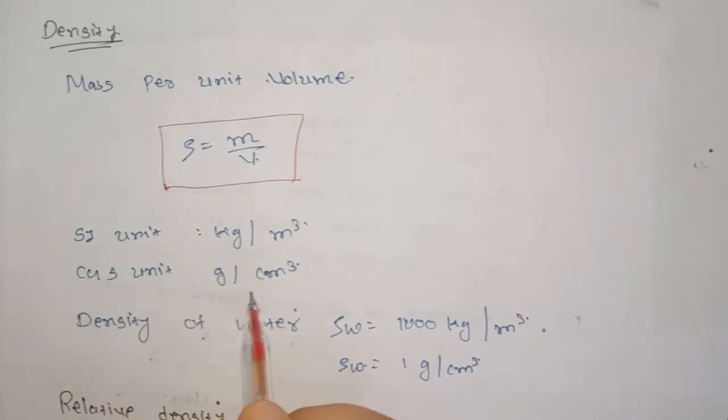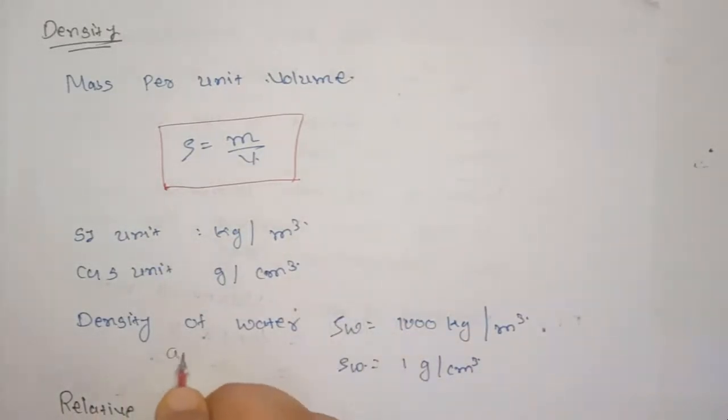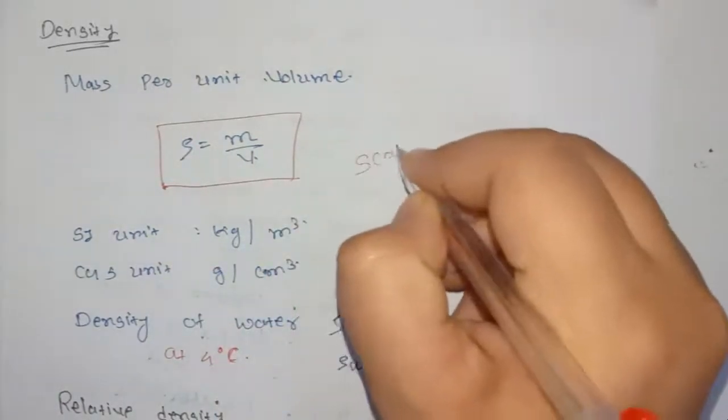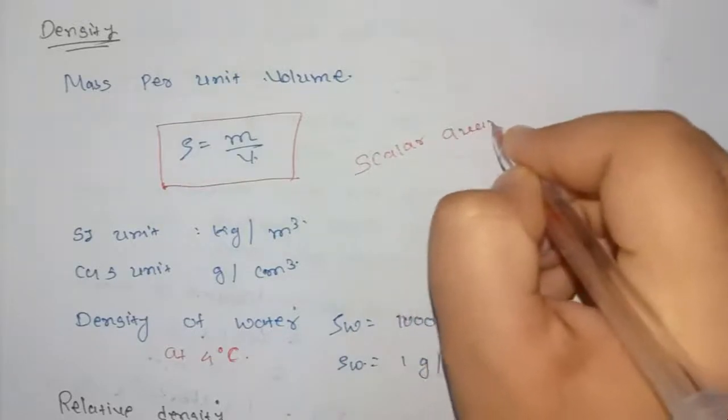The CGS unit is gram per centimeter cube. Density of water at 4 degrees Celsius is maximum, that is 1000 kg per meter cube, and in CGS unit it is 1 gram per centimeter cube. The density is scalar quantity.